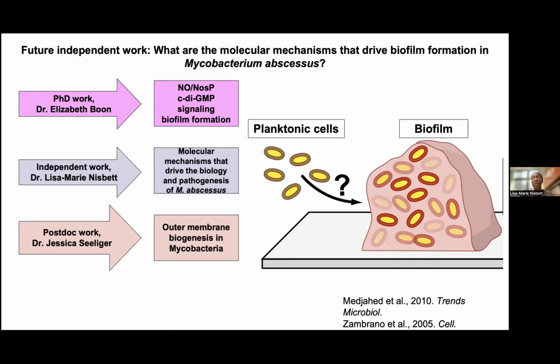Because in mycobacteria, it's been shown that lipids are important for biofilm formation as well. So they're a little bit of the, I don't know if I want to say weird bugs, but the interesting bacteria where lipids are important, not just a secondary messenger signaling molecule like cyclic di-GMP, which is pretty well established in gram-negative bacteria, for example.